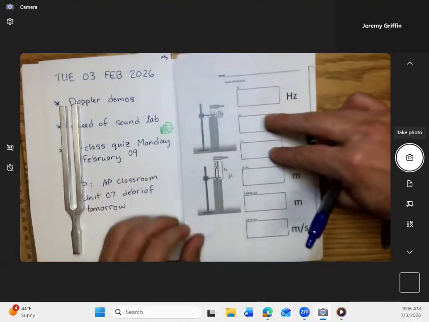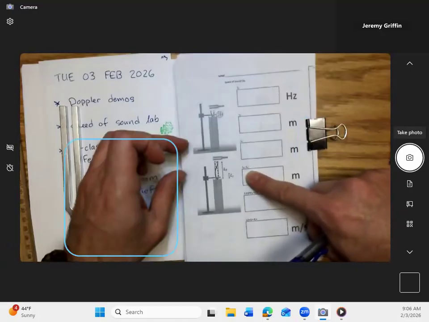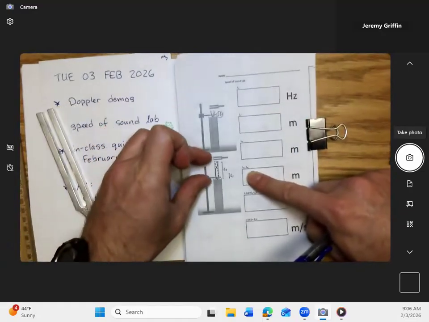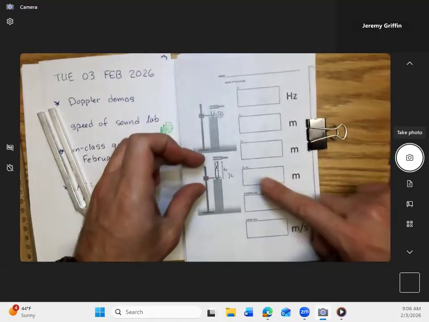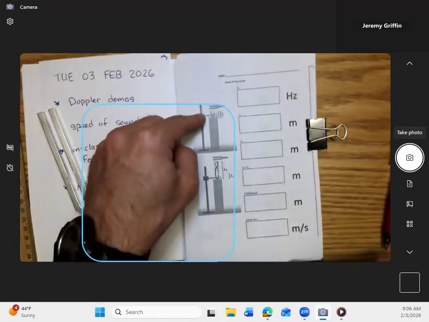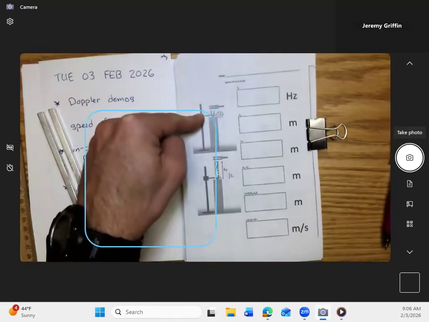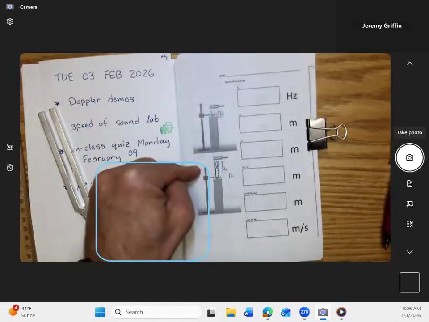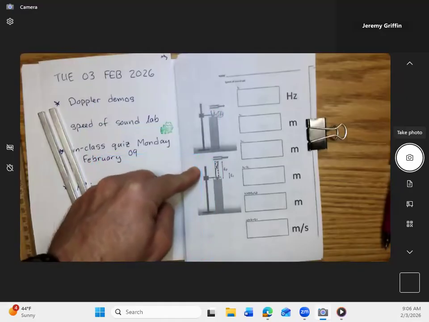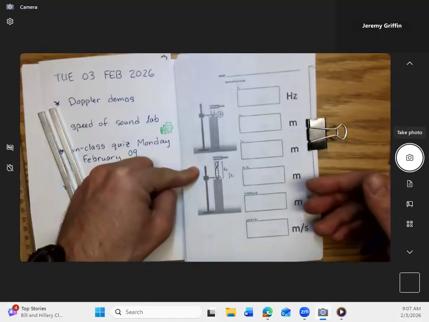Now, when you get these two lengths, this fourth box says to take the difference. If you do this big L2 minus this little L1, how many wavelengths, let's start with the short one, how many wavelengths total do you see right here? 1/4. If that's 1/4, what is this right here? How many wavelengths? 3/4. It doesn't quite complete one wavelength.